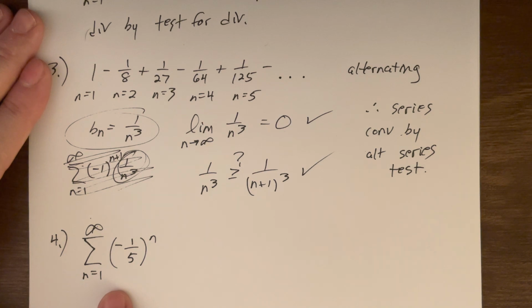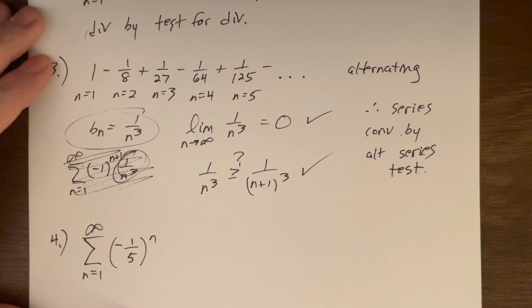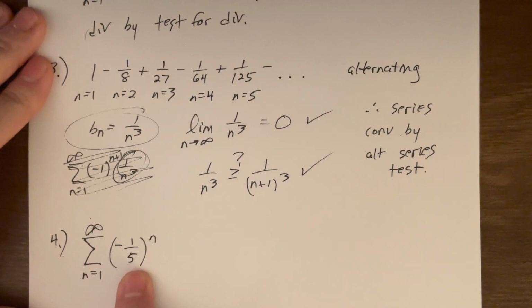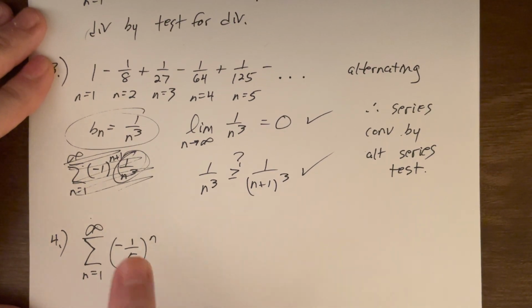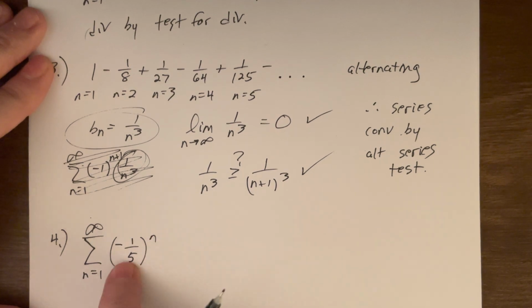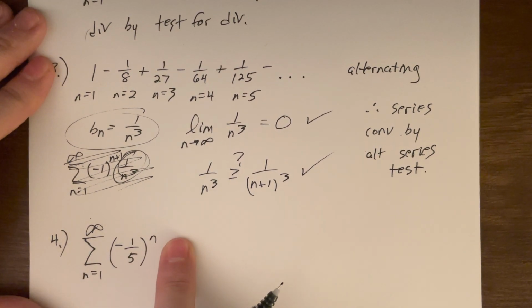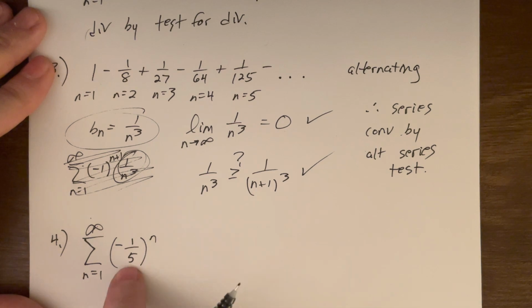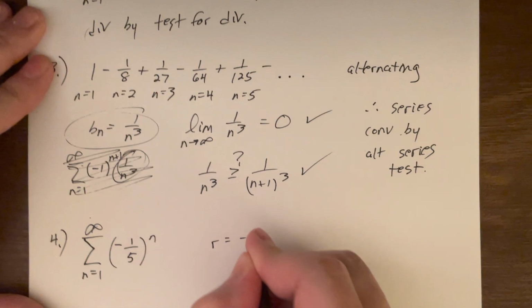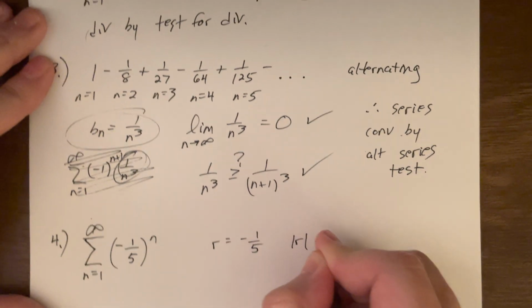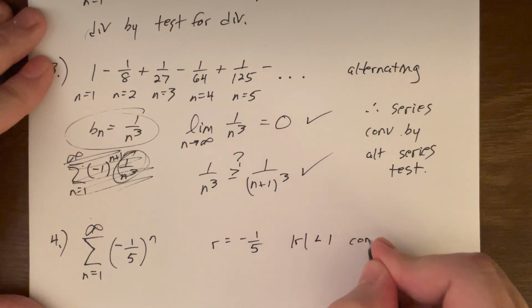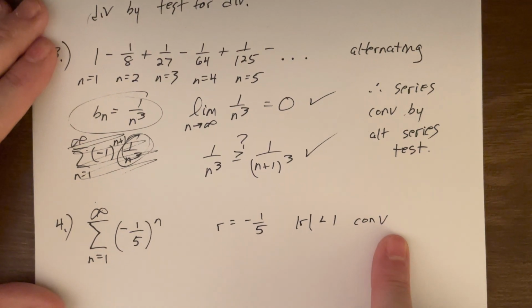Well, I know we're really focusing on alternating series, but don't forget things you already know. That's geometric. It has an r to the n. I know we initially preferred r to the n minus 1, but that's the only place we have an n. This would be my r value. The absolute value of r is less than 1, so this series converges.